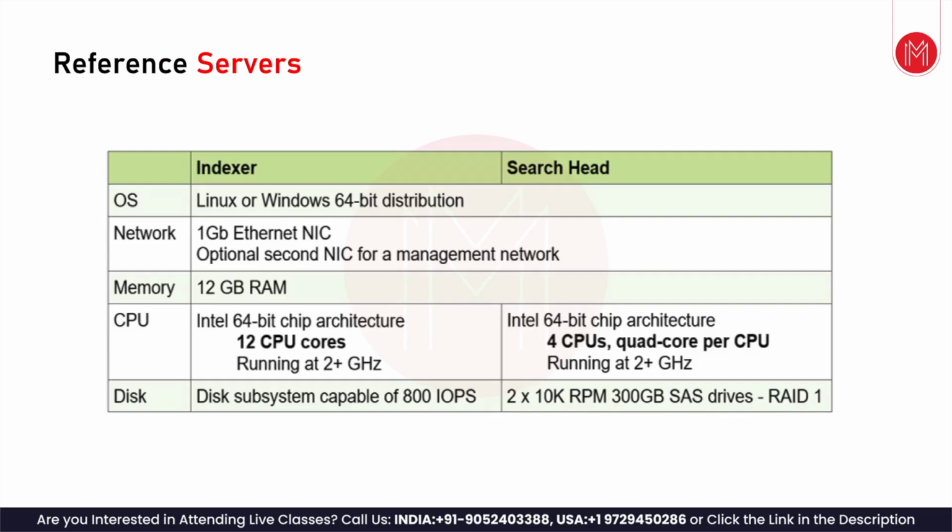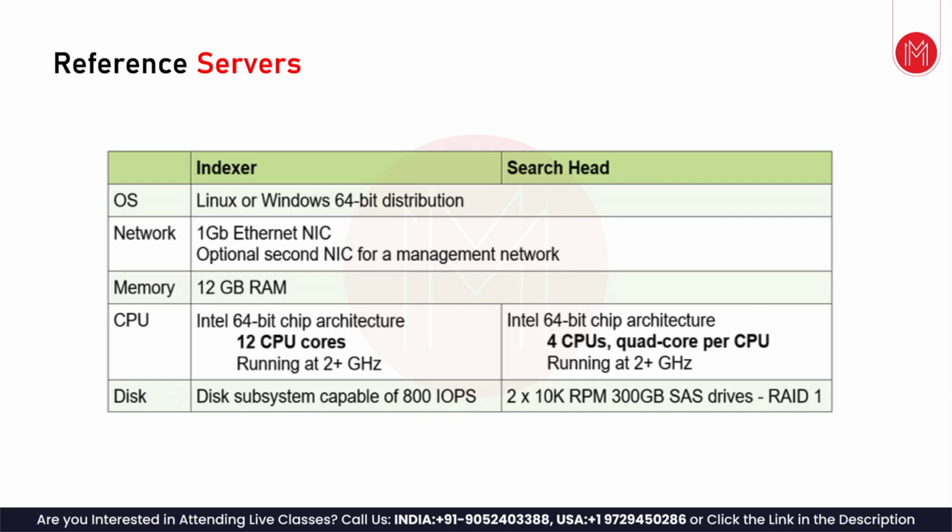And the reference servers. Here it is showing the OS, so Linux or Windows, and it has to be a 64-bit distribution for indexer and search head. When compared to these two, the indexer should have more memory, or it should have more CPU cores, because the indexer stores the data.